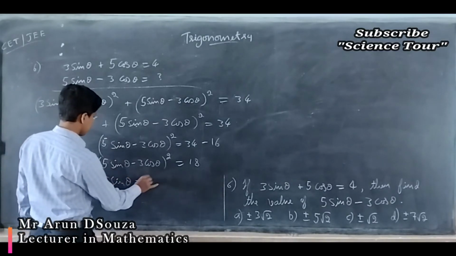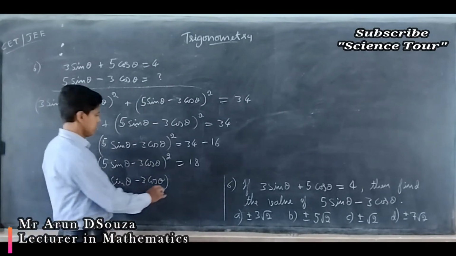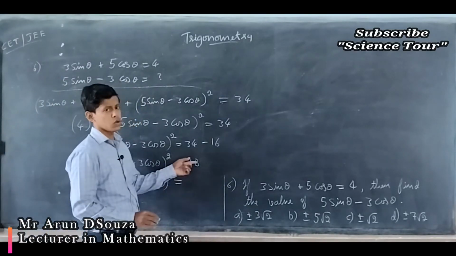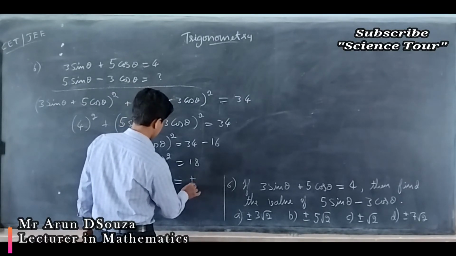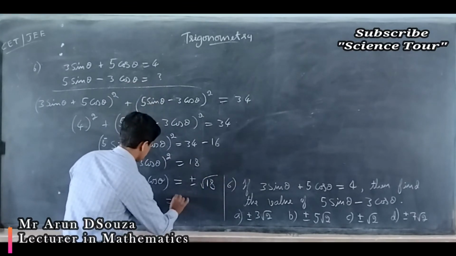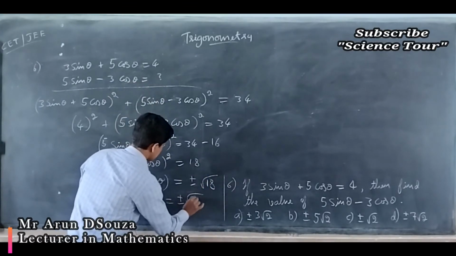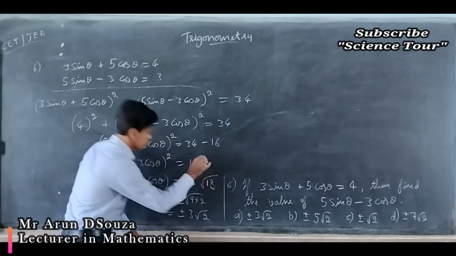We need only the value of 5 sin theta minus 3 cos theta. Therefore this is equal to, when we take the root, plus or minus square root of 18. Just simplify this. You can write it as 9 into 2, so that is plus or minus 3 root 2.